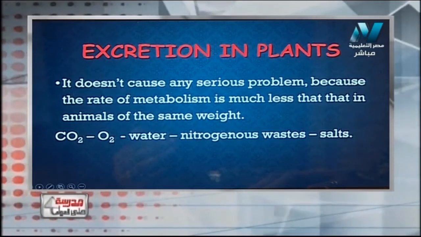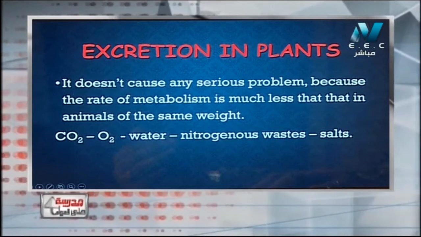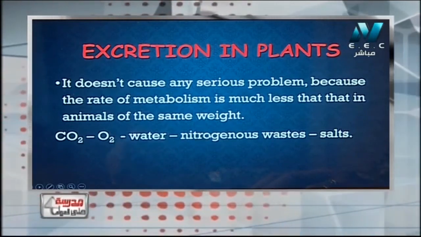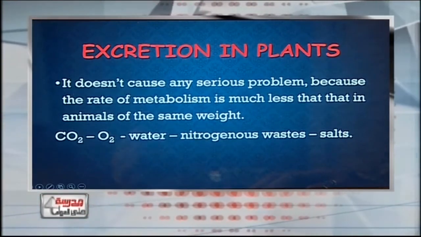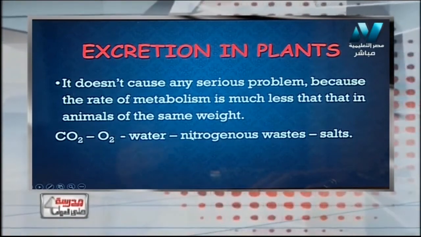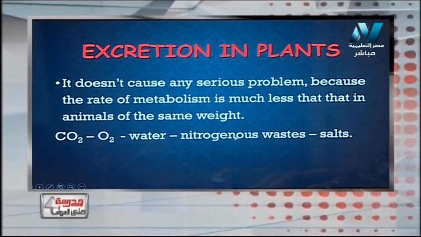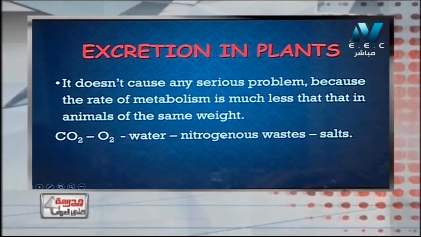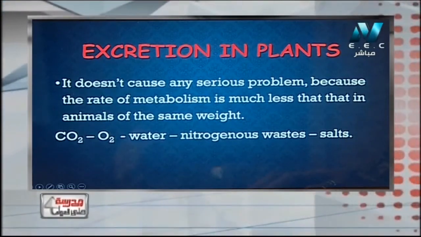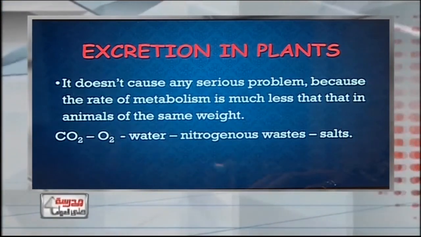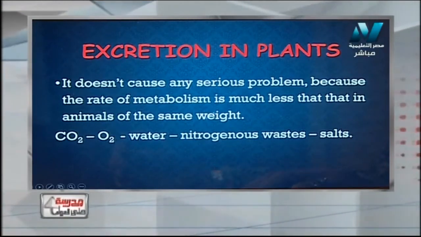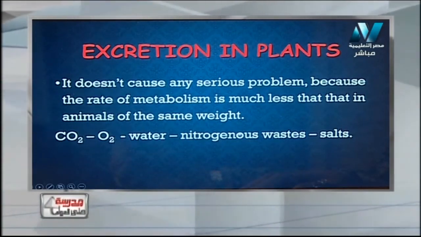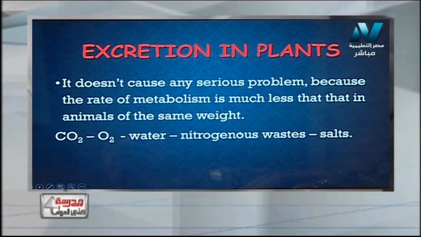The nitrogenous wastes that are produced due to catabolism of proteins, or excess amounts of nitrogenous compounds, the plant reuses in carrying out the formation of its food, like proteins.